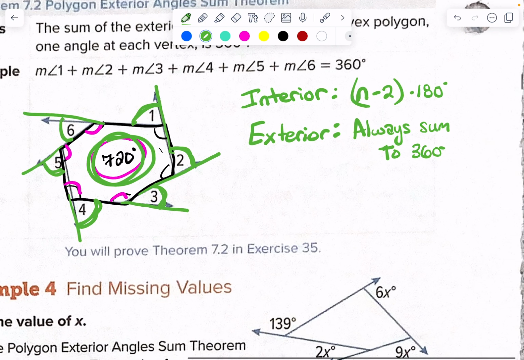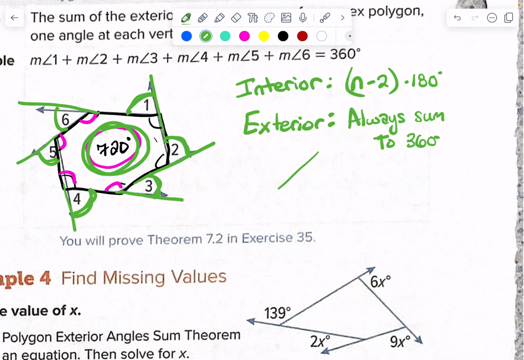The more sides you have, the smaller these angles become. So when you have a ton of sides, those exterior angles become smaller, and they will always end up summing to be 360.